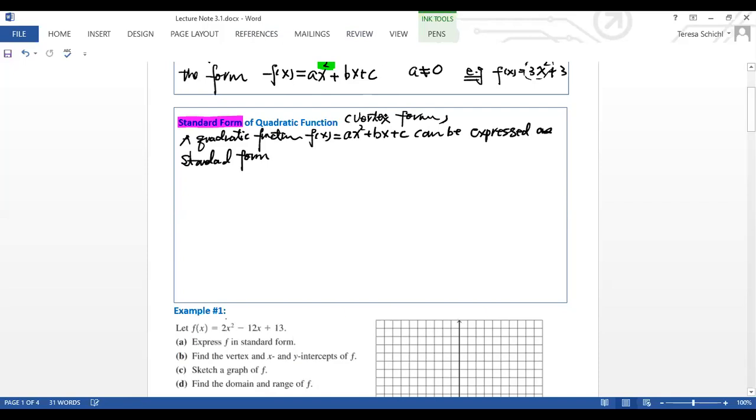Also the standard form, don't forget, we also call the vertex form, right? It's f of x equals a times (x minus h) squared plus k.